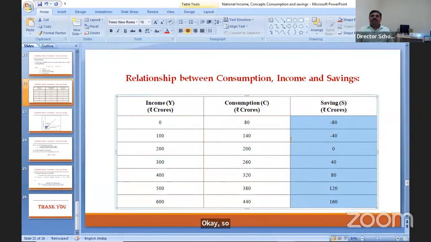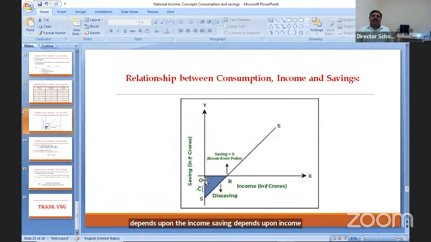Okay, so this is the savings function, which depends upon income. Savings depends upon income. That graph shows us the savings curve. Why is it negative?